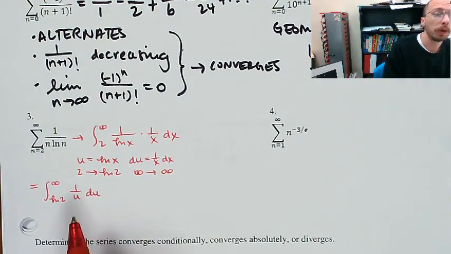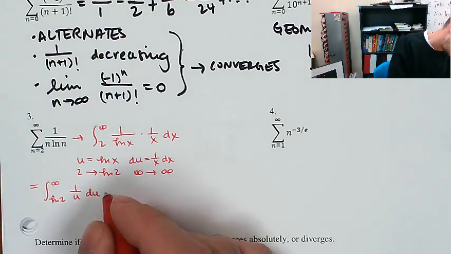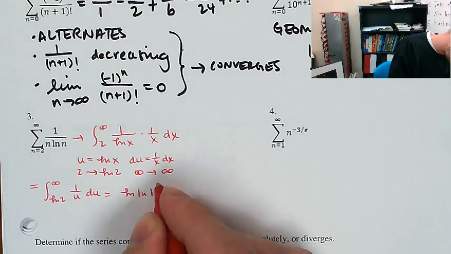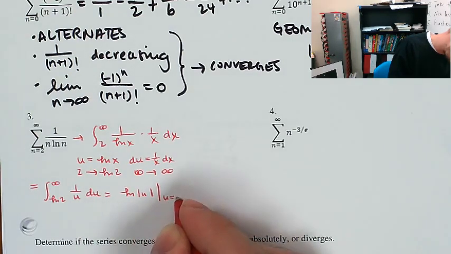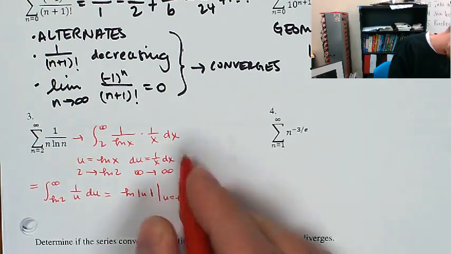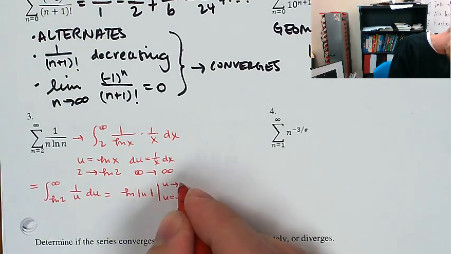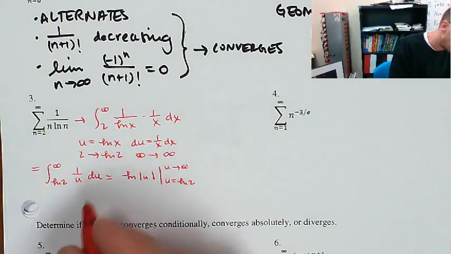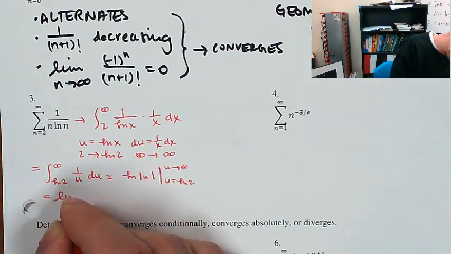Now, you might remember that this isn't going to converge, right? I need more power in this denominator. But we're going to just show that. It equals the log of the absolute value of u as u runs from the natural log of 2 up to approaching infinity. And I'm going to turn this into a limit.